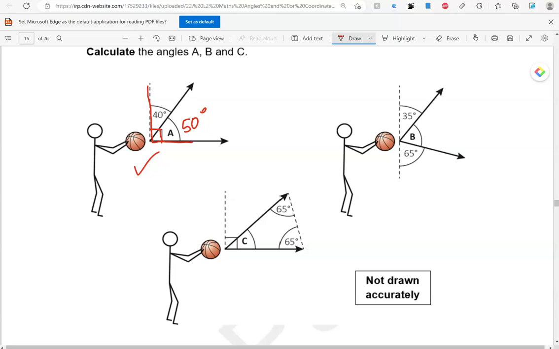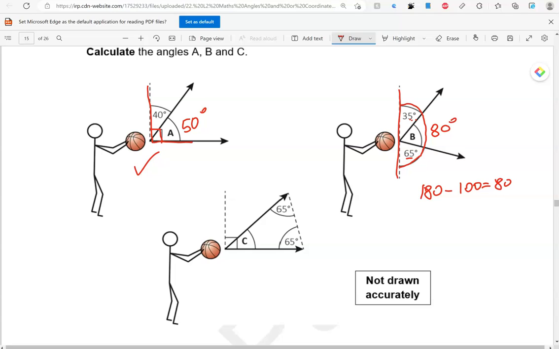Looking at B, all together 35 and B and 65, they add up to 180. Got 35 and 65 which give us 100. So 180 take away 100 gives us 80. So B is equal to 80.